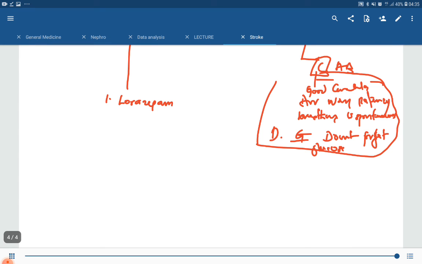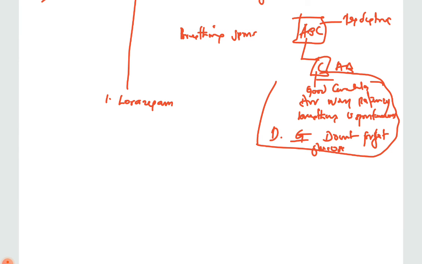Now, if you don't have a response yet, then you want to start an IV infusion, and that is phenytoin. Usually, it's given at around 15 to 18 milligram per kg, which is very important. So, the first one, we said it's lorazepam, and you give 2 doses.